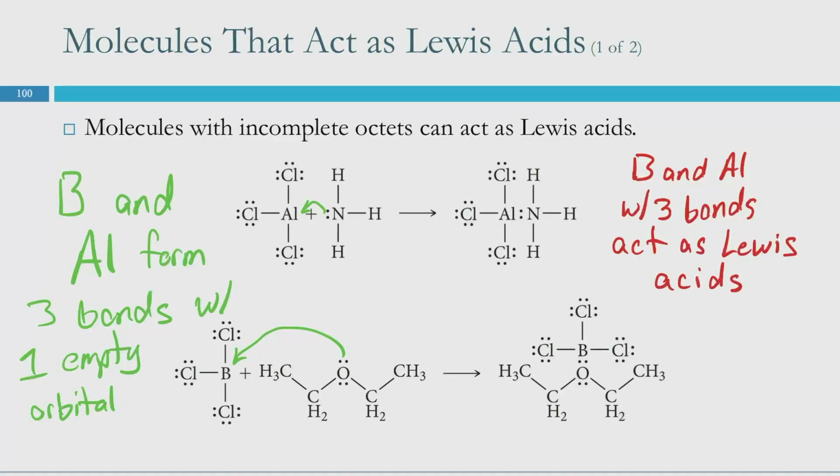So boron and aluminum with 3 bonds can act as Lewis acids.